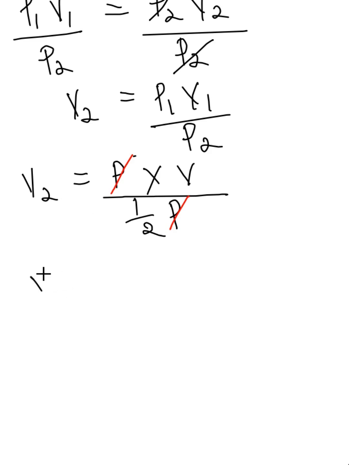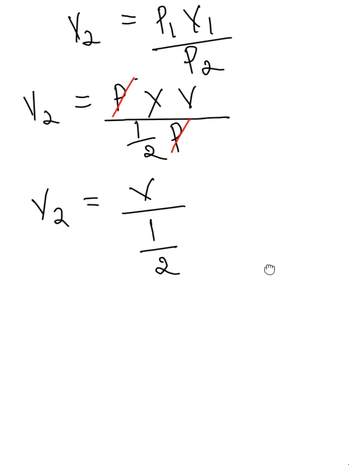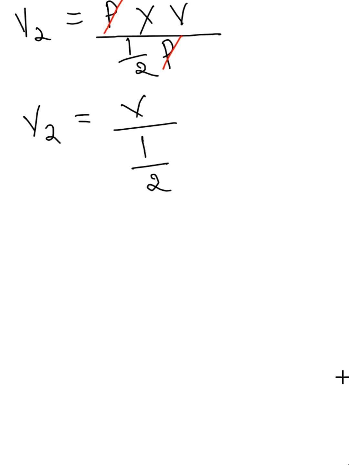If that's the case, we get V2 is equal to V divided by 1 over 2. If you write it like this in mathematics, V2 is equal to V divided by 1 over 2. The next thing is to change this division to multiplication.